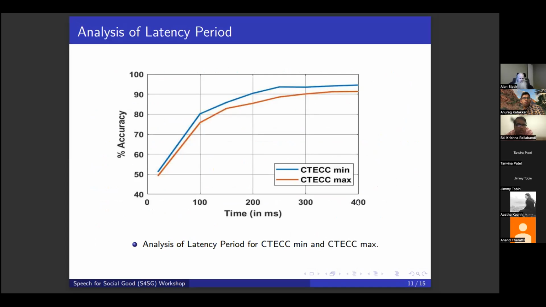So for the initial part, there is 20 milliseconds of audio, the speech signal. For that, we are getting an accuracy of around 50. I see. So we are going for the speech sample size. Okay. So that's what we are presenting right now, how much the latency is. Is that clear?